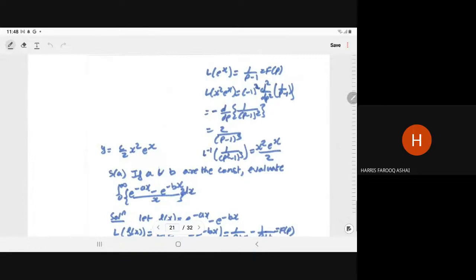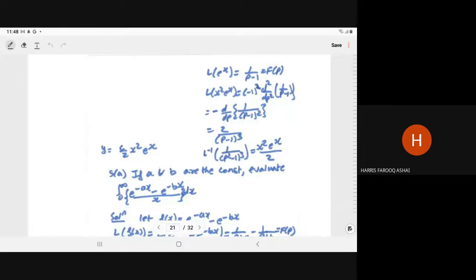So in this case, we know that the Laplace transform of e to power ax is equal to 1 upon p minus a. So that is 1 upon p minus 1, we call it f(p).